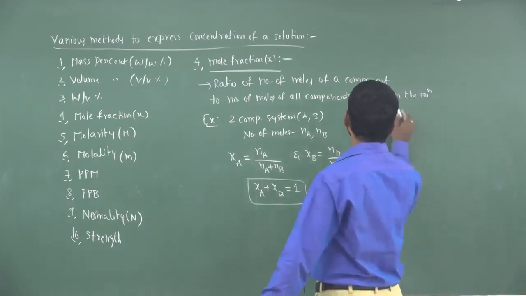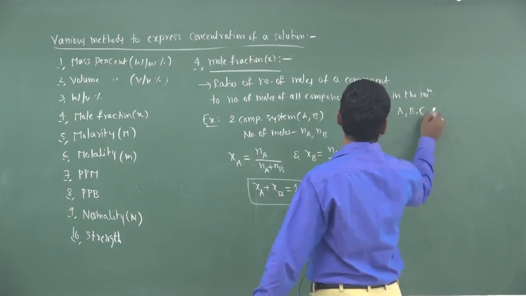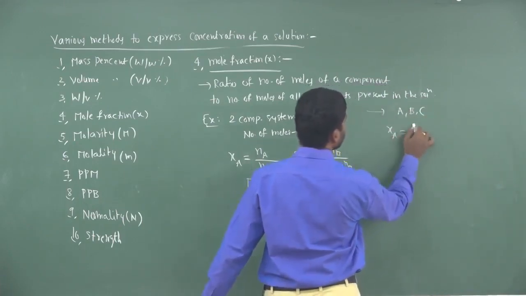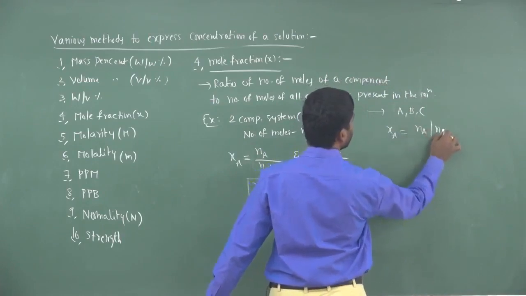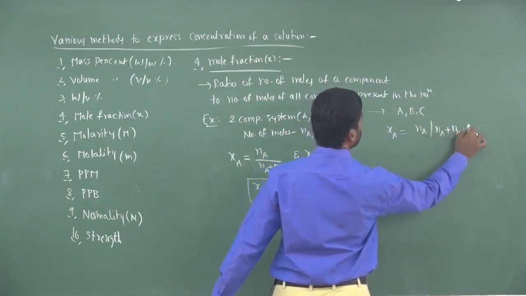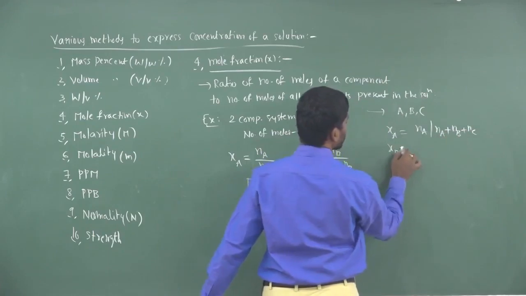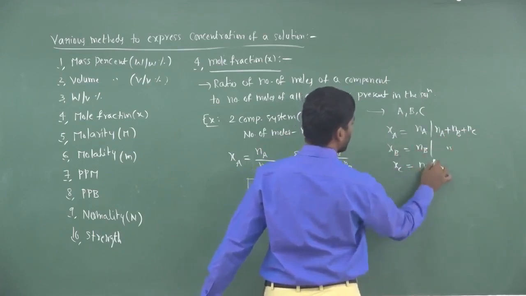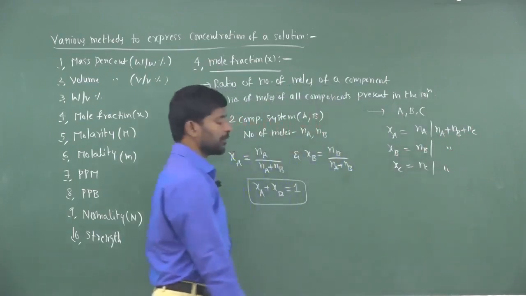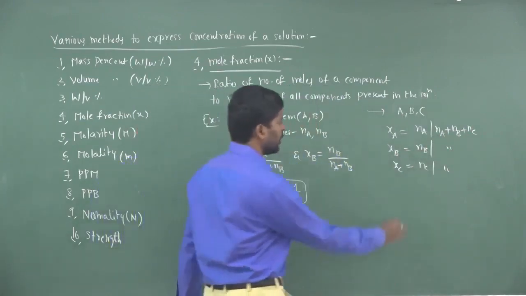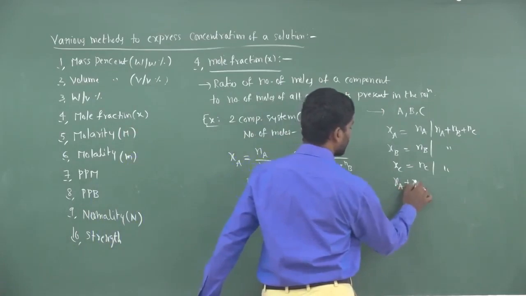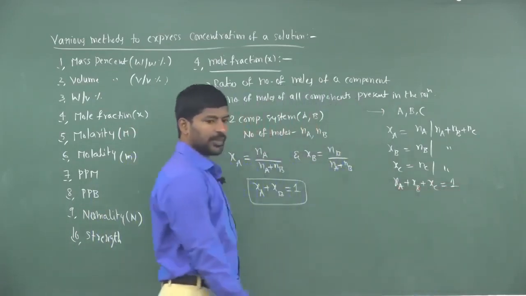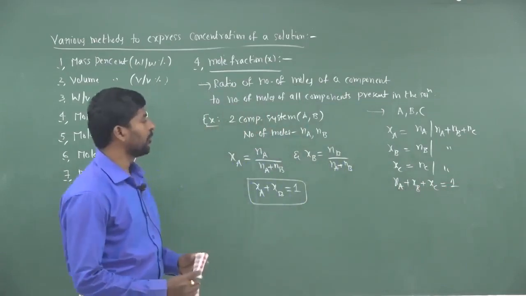For example, if you take a three component system, how to give the mole fraction of A? Number of moles of A by total number of moles. Mole fraction of B, number of moles of B by total number of moles. Mole fraction of C, number of moles of C by total number of moles. And always the sum of the mole fractions of all the components present in the solution is equal to 1. That is XA plus XB plus XC is equal to 1.